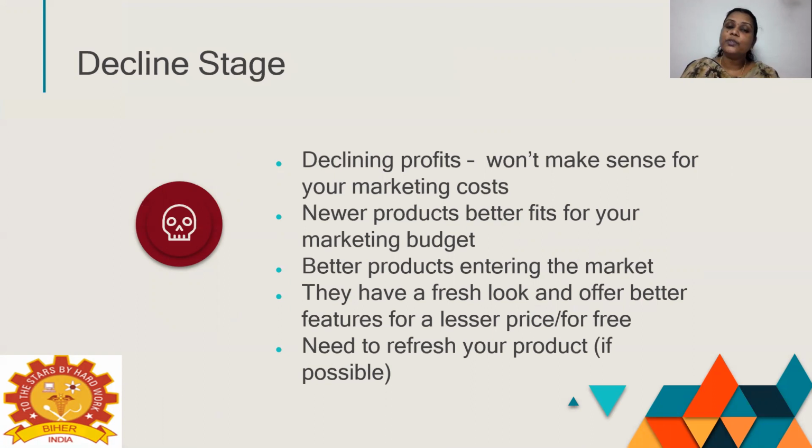So in this stage, you don't get any new orders, and you don't get any repeat orders either. Only a few of the customers buy your product, and prices decline further due to stiff competition, and firms start fighting with each other for market share. There's only a little market share available, and all the firms are fighting with each other for retaining this market share or replacement sales.